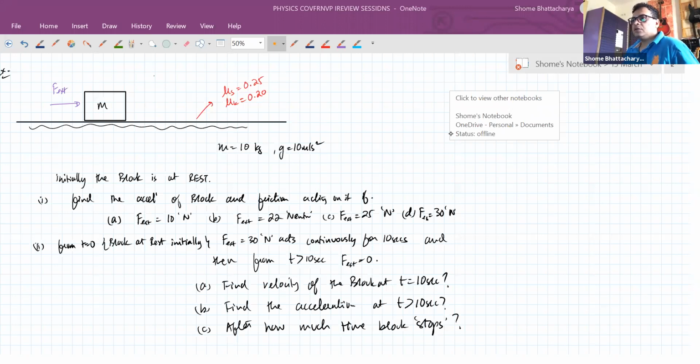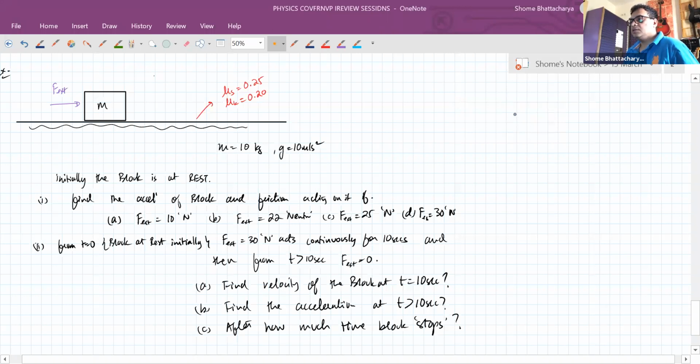Okay, yes, very good. So see, the first thing you have to do here is understand how much is the limiting friction available, the maximum static friction available. For that, you have to check how much the normal reaction is. The normal reaction is not affected by the external force we are applying. So the normal reaction is equal to mg for all cases, which is equal to 100 newtons.